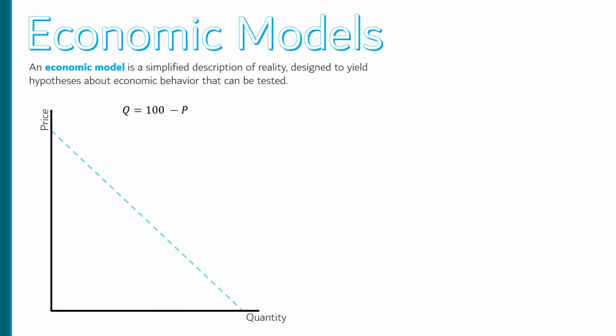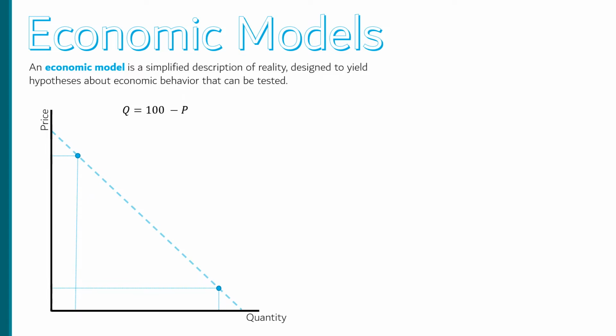So if the price were $90 each, my model predicts that we would sell 10 units. You just plug in 90 for P, the price, and solve the equation for Q, the quantity. Likewise, if I plug in $10 for P, the model says we will sell 90 units.